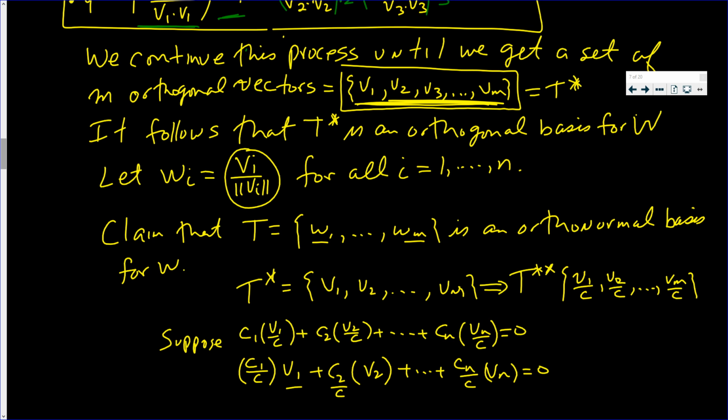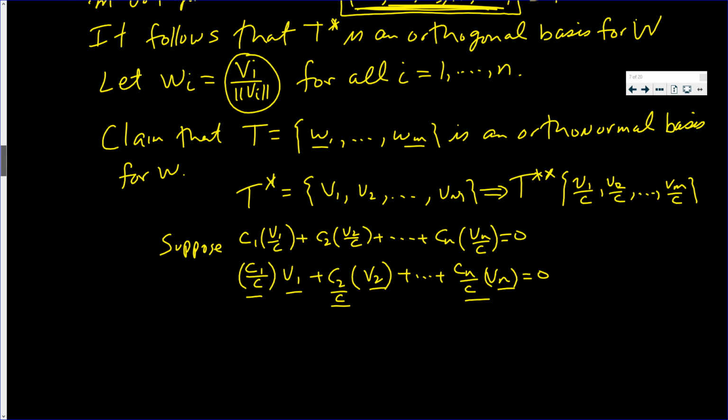But since these vectors are in a basis, and I found a linear combination that gives me 0, that implies that C1 over C equals C2 over C equals, up to C sub n over C equals 0.